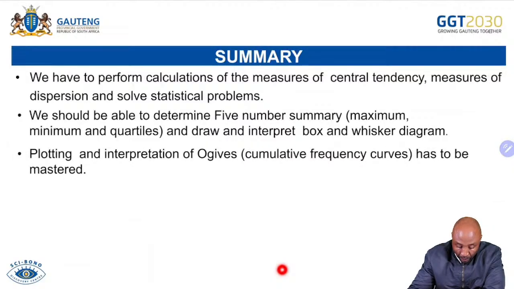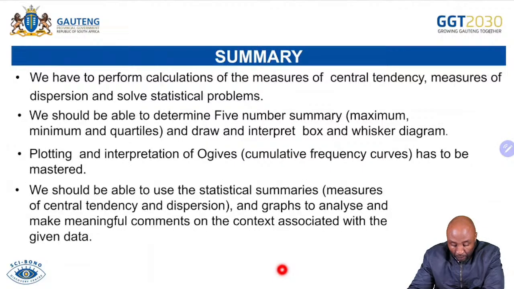And we should be able to plot and interpret Ogives. And we should be able to use statistical summaries, which is our measures of dispersion and central tendency, the graphs, to analyze and make meaningful comments on the context associated with the given data.